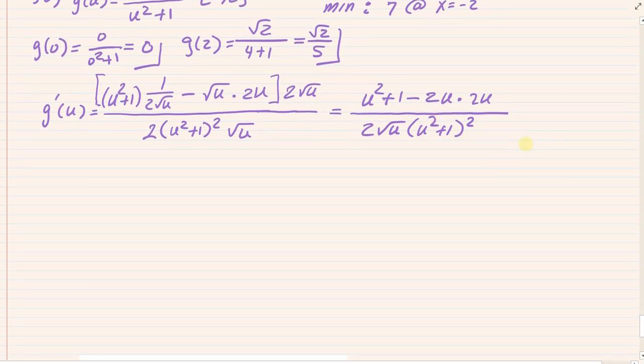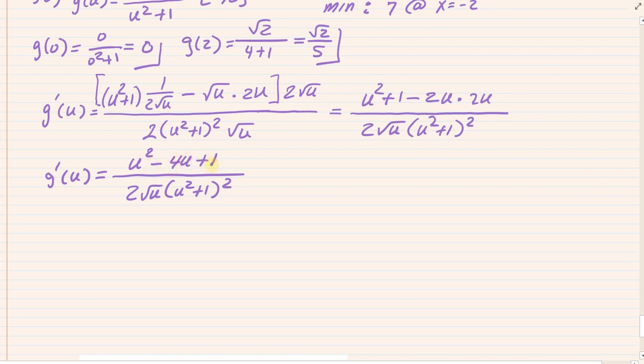Now, in the numerator we can combine like terms, and g prime of u, all said and done, is going to be 2 root u times u squared plus 1 squared in the denominator, and in the numerator I get u squared plus 1, negative 4u squared. Let me make sure I did this one right.